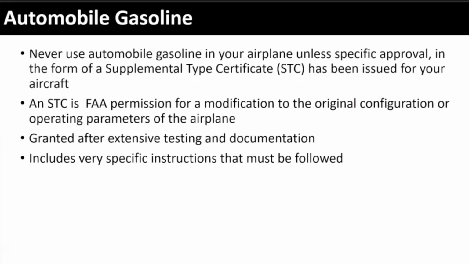The STC, supplemental type certificate, is really just an authorization from the FAA and the manufacturer that says, we have done all the testing, we've designed it, we can make sure it's safe, and they can issue an STC and say, yeah, you can use regular fuel in your airplane. Okay, you're not going to see that in the aircraft we have here.